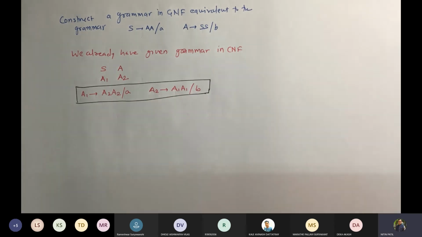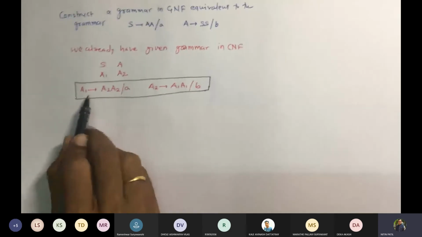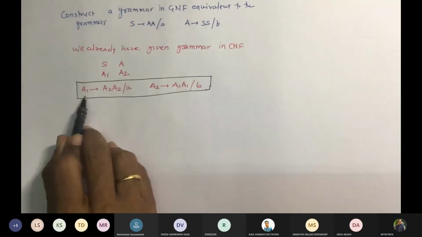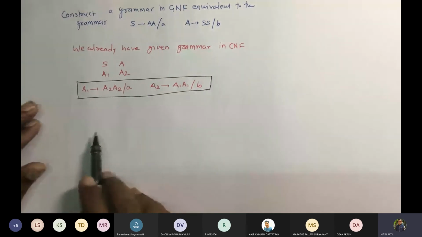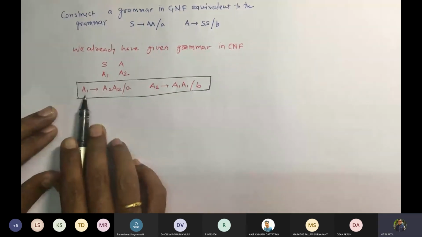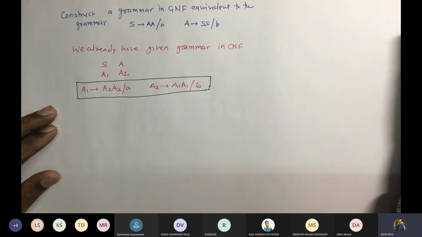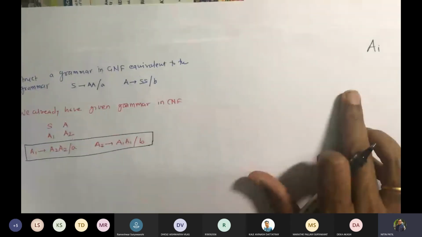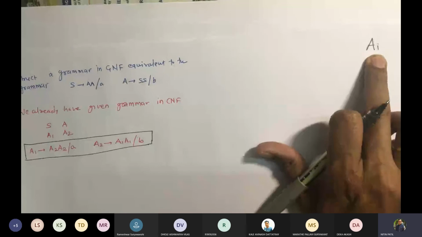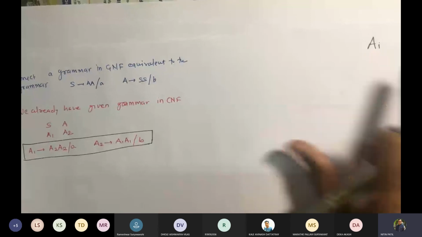Okay. So now we have to concentrate on productions like this. While converting to GNF, we have to make sure all Ai, so I'm using Ai as an index. I mean maybe 1, maybe 2, maybe 3, and so on. Fine.